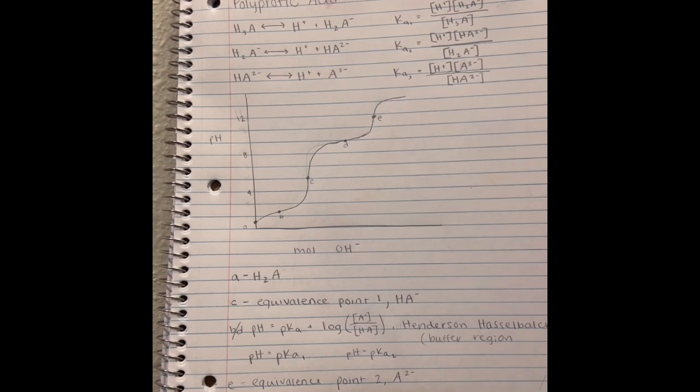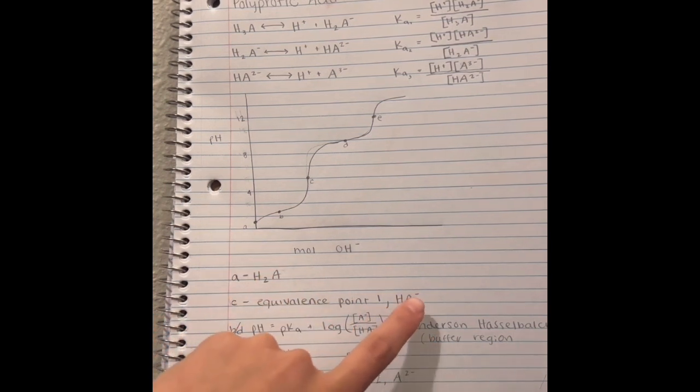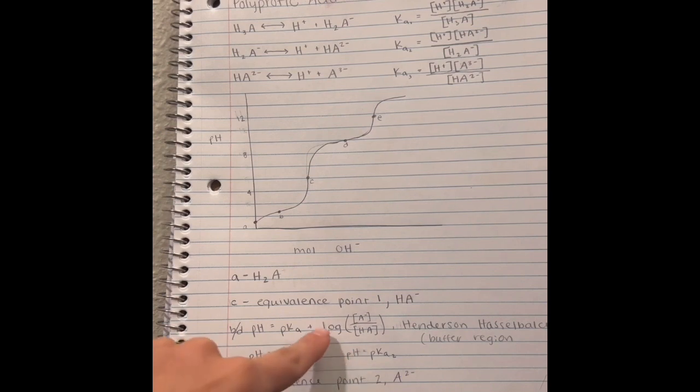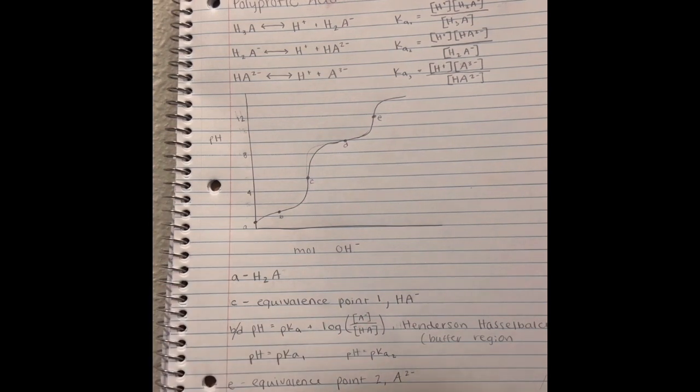It's the half equivalence point. At that point, pH is equal to pKa because the concentration of H2A and the concentration of HA- are the same. So this log would be equal to 0 and pH would be equal to pKa.